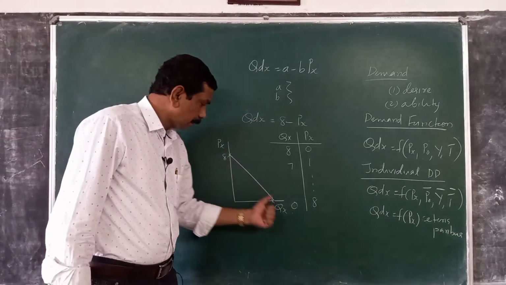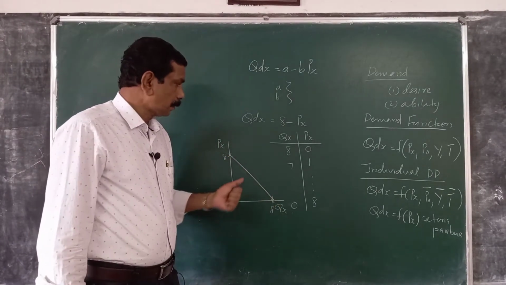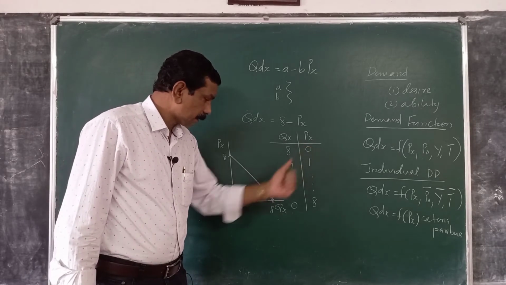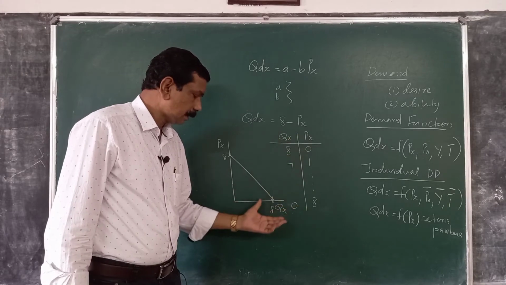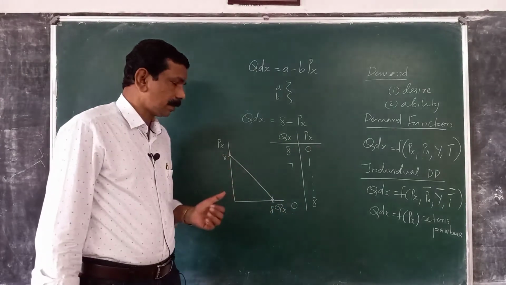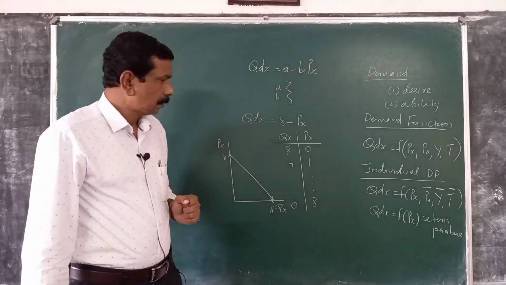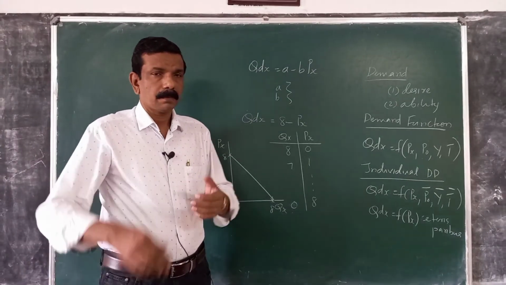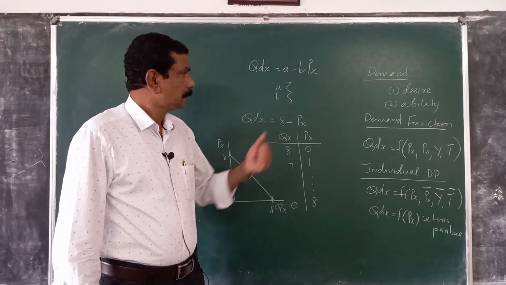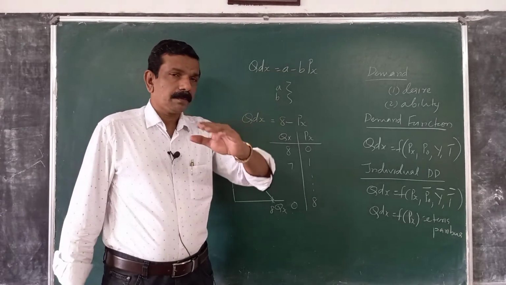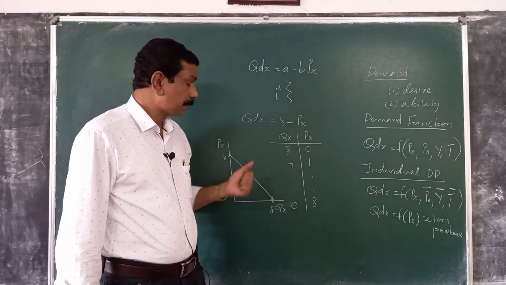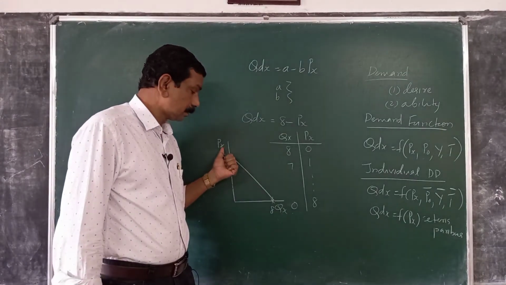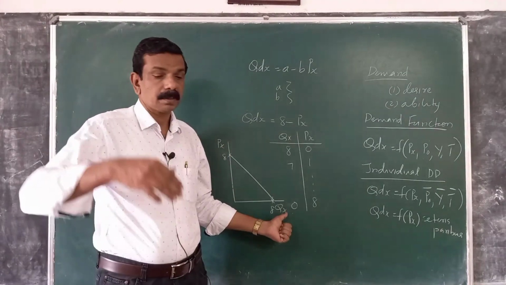We know that when Px is 0, Qx is 8, and when Qx is 0, Px is 8. Mathematically, when we draw an equation, the dependent variable is on the y-axis and the independent variable is on the x-axis.